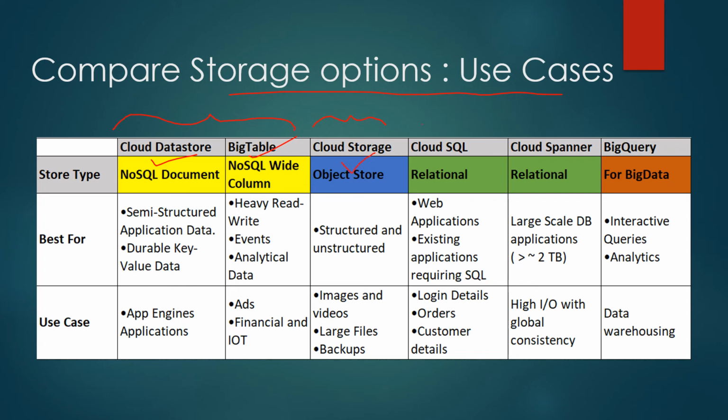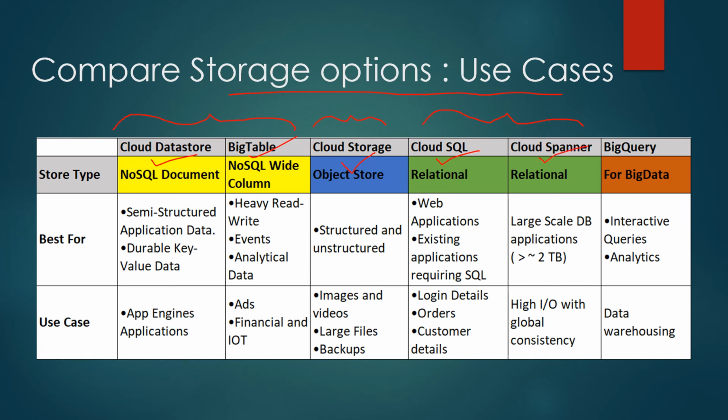When it comes to relational storage, if the data is in terabytes, then you can proceed with Cloud SQL. If you want to store users' login details, or if you are running a retail website and want to store the order details for a particular day, then Cloud SQL is more preferred.